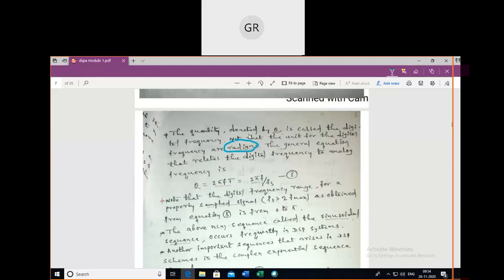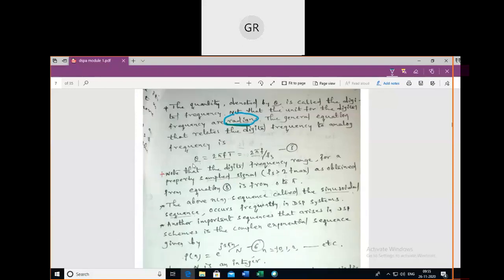The unit for the digital frequency is radians. The general equation that relates the digital frequency to analog frequency is theta equal to 2 pi f into T, which is 2 pi f divided by Fs. What is Fs here?